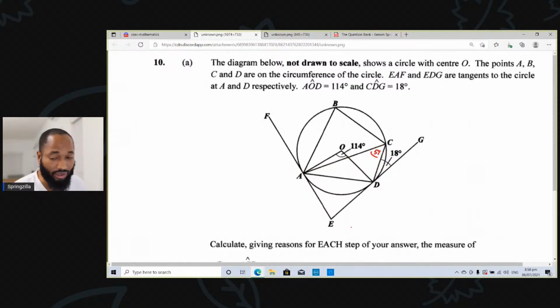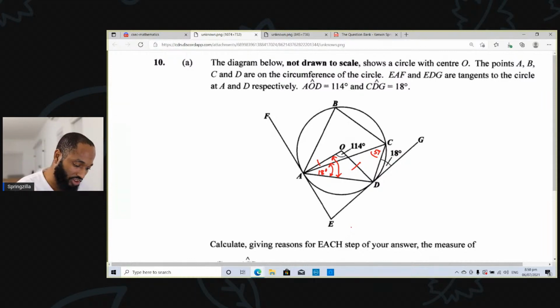So this must be 18 as well. So we can also find that. But ignoring that, we know this whole big angle here, because this is an isosceles triangle and the base angles in an isosceles triangle are equal.